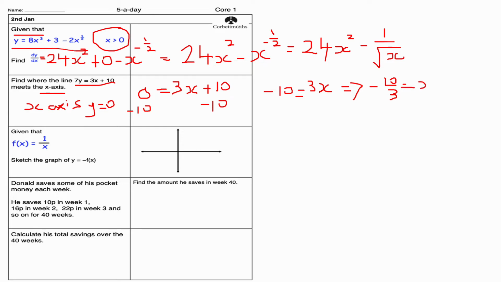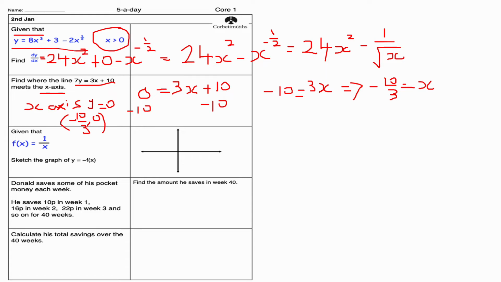If you want the full set of coordinates, it would be minus 10 thirds and then 0. Let's just delete that y so we can see it a bit easier. So the x-axis is the line y equals 0, and that's my answer for question number 2.